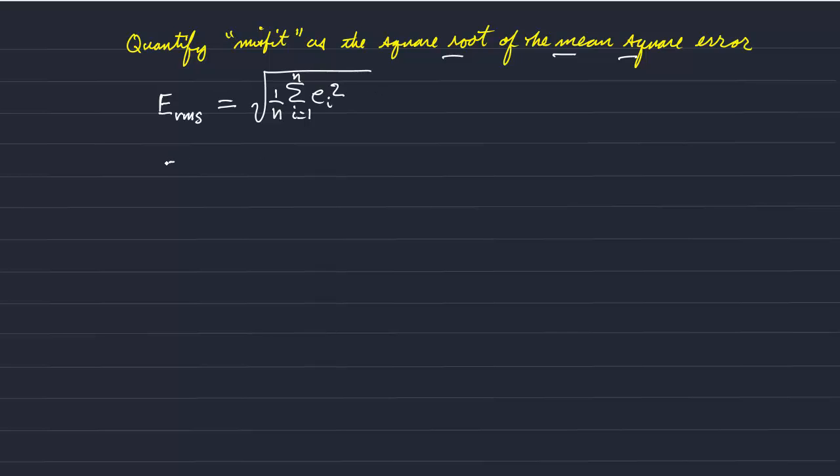So each error, the error at each point xi, is equal to our best fit equation, which is a1 plus a2 times (xi minus our reference value x0), minus our observed value of y.